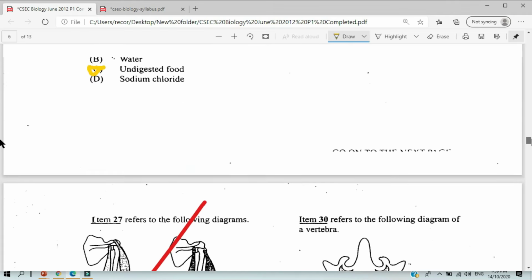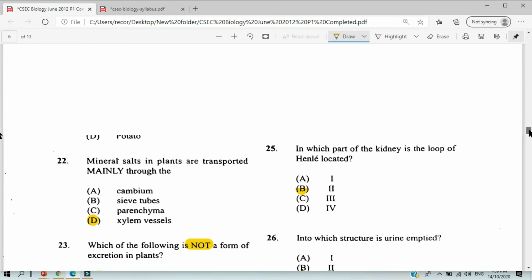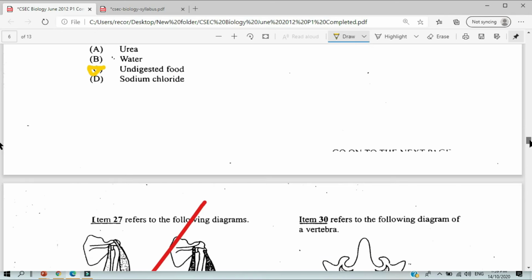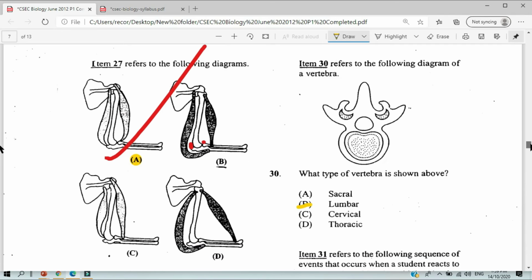Now from 25, we're at 26. Now we're going down to 27. Now 27 is a little tricky, because if we were supposed to look at this paper well, the fact that the hand is bent, then the muscle would have looked like this and not like this. But again, we have to look at something else that really stands out.